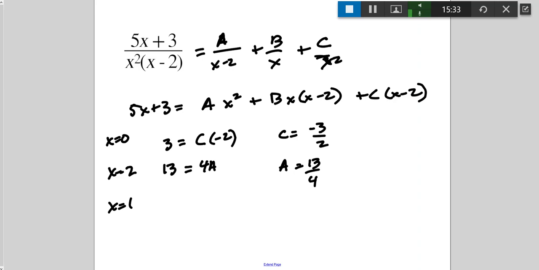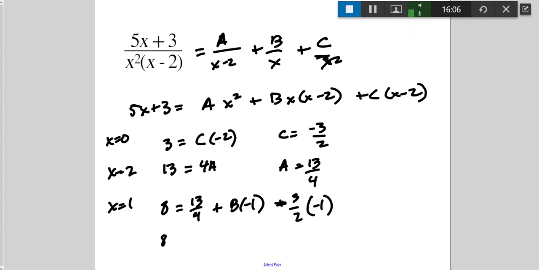When x equals 1, we have 8 equals a, which is 13/4, times 1 squared, so that's just 13/4, plus b times negative 1, plus c, which is minus 3/2, times 1 minus 2, which is negative 1.